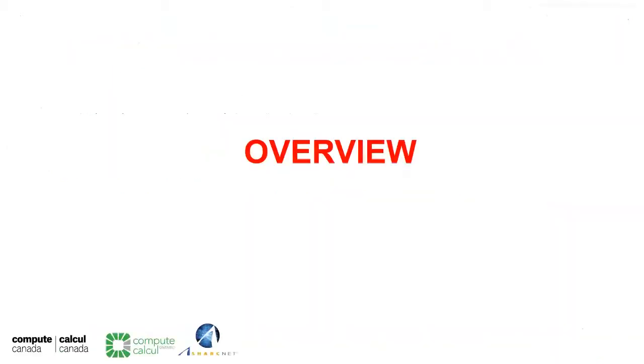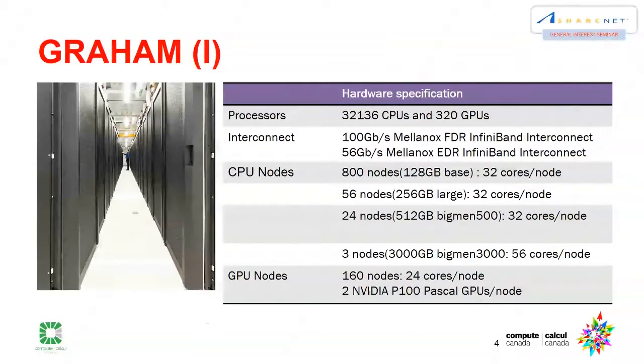So here is the overview. Graham is one of the latest systems in Compute Canada, hosted by Sharcnet at the University of Waterloo. Graham has more than 30,000 CPU cores and more than 300 GPU cores.